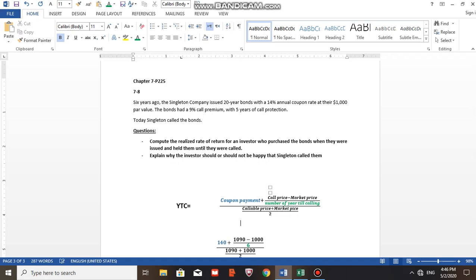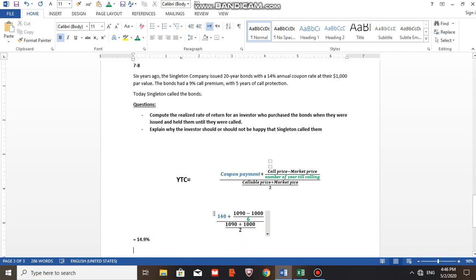The coupon rate is 14%, so the coupon payment will be 14% times the par value of 1,000, which is 140.